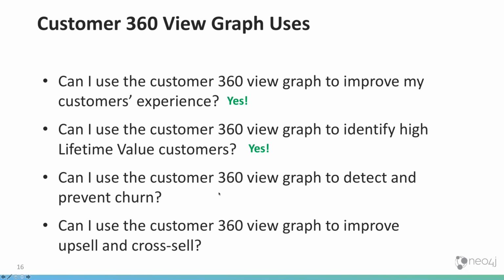Can you use the customer 360 graph to detect and prevent churn? Absolutely. The same way that you can identify high value customers, you can also identify customers who are likely to churn. You can look at past behavior. Can you find patterns of claims, patterns of social media posts and customer interaction that have led to someone not renewing their contract or not buying another car from you?